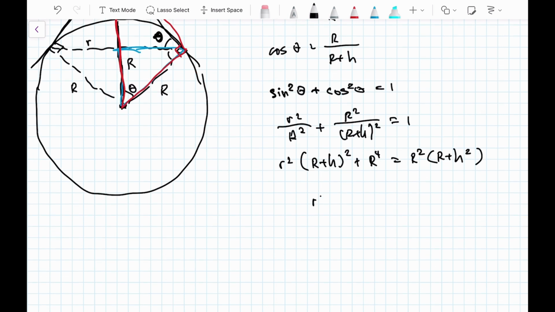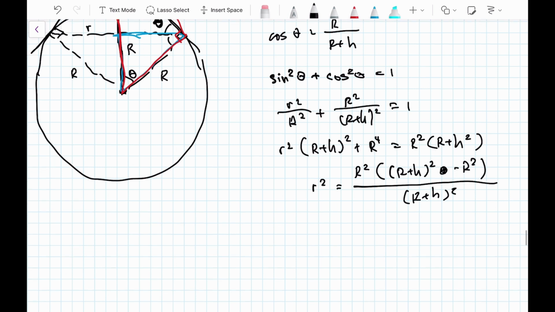And then we get r squared is equal to this minus that, so we can factor out an R squared, and inside we should have (R plus h) squared minus r squared over (R plus h) squared.